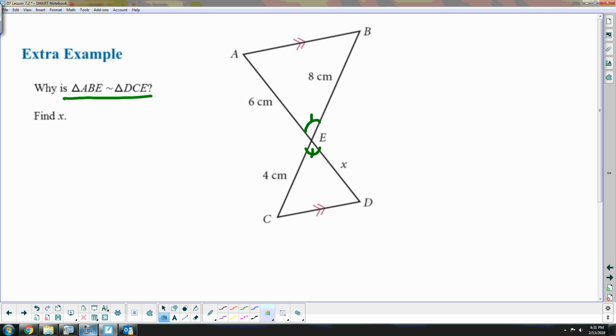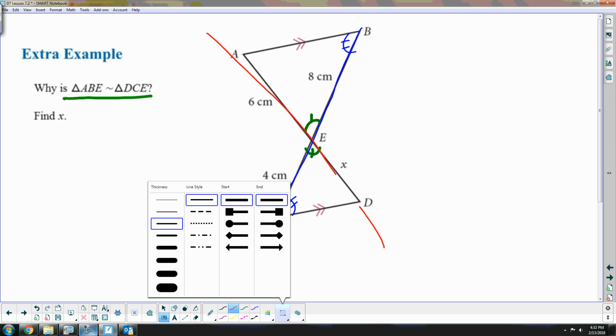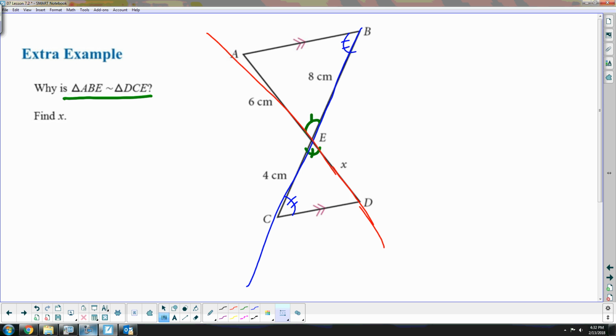So if these 2 lines are parallel, imagine this is a transversal that's cutting across those parallel lines. Alternate interior angles are congruent. Now, same with this transversal that's cutting across those parallel lines. Alternate interior angles are congruent. So we actually have angle, angle, angle, but we only needed 2 angles that are congruent.